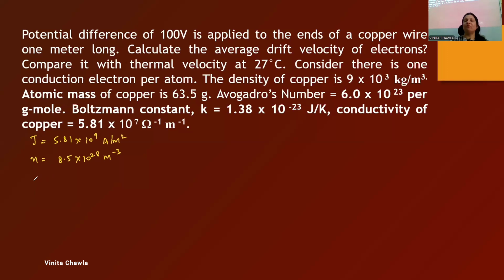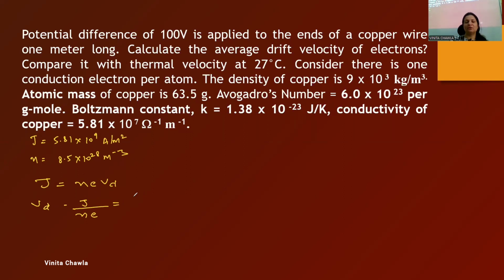VD, we have to find VD, right? Drift velocity। Then drift velocity के लिए हमने क्या रिलेशन लिखा था? I is equal to nAevd, I upon A is nevd, so J is equal to nevd, so we can write VD as J upon ne.